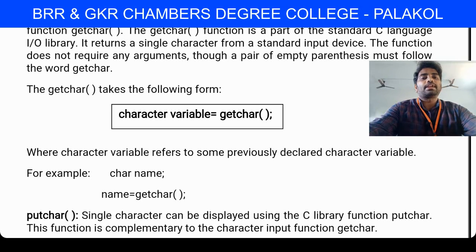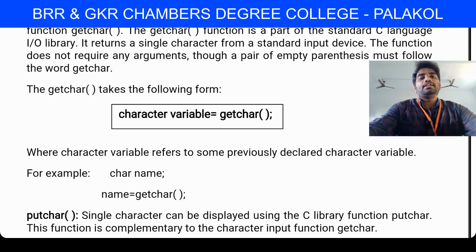This is the variable declaration. Observe the syntax formation: name is equal to getchar, open parenthesis and closed parenthesis, and after completing the statement, a semicolon. This is the example of getchar. One character is read into name.